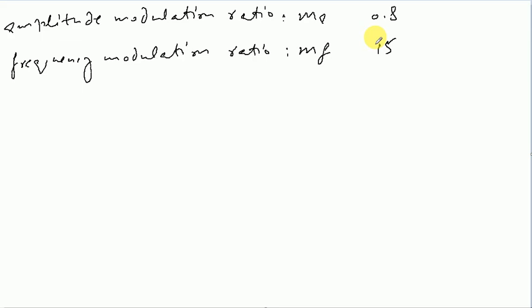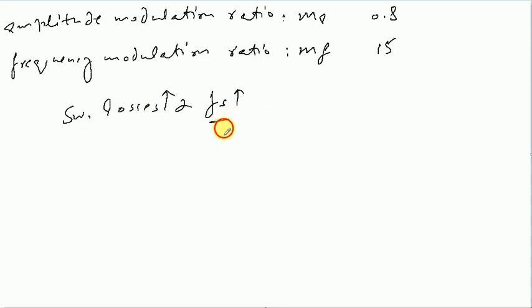But the drawback is that the higher the switching frequency, the higher the switching losses in the inverter. The switching losses are in fact proportional to the switching frequency. So if we increase the switching frequency, that will increase the switching losses.